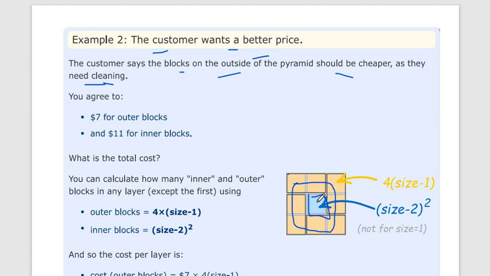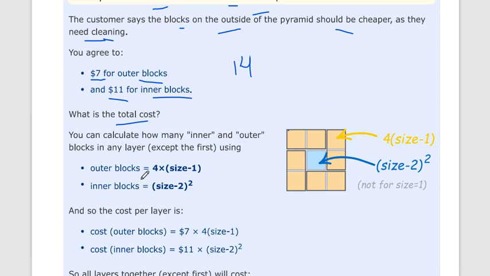So you agree to $7 for outer blocks and $11 for inner blocks. We have to calculate the total cost for 14 blocks high. Here we have equations to calculate the number of outer blocks and inner blocks in the 14 stack.